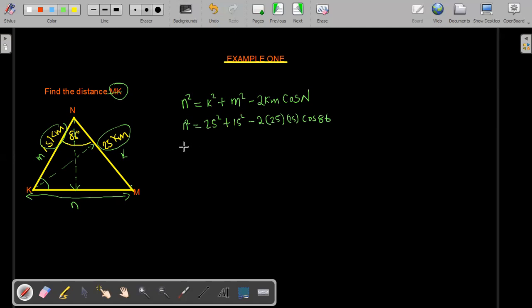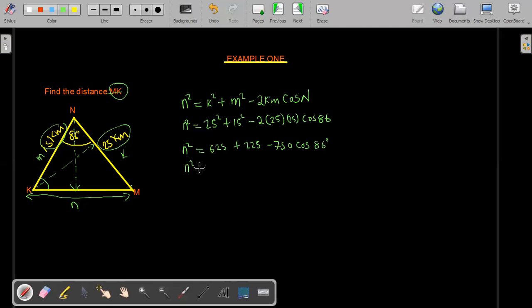Yes, then we can do the simplifying here. So N squared is equal to, so we can punch 25 squared, which is 625, plus 225, minus 750, twice.